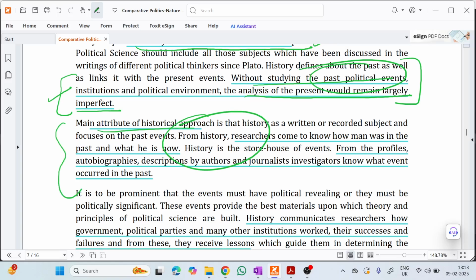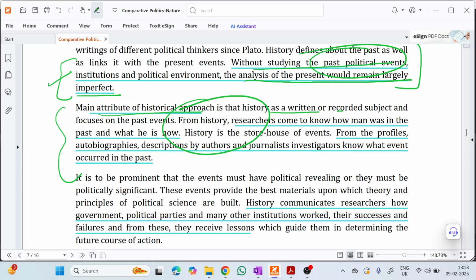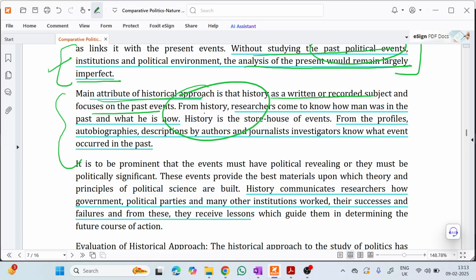The main attribute of the historical approach is that history, as a written or recorded subject, focuses on past events. From history, researchers come to know how man was in the past and how he is now, and what events led from the past to the present. In other words, present circumstances have a precedent, a trigger and a beginning in the past.